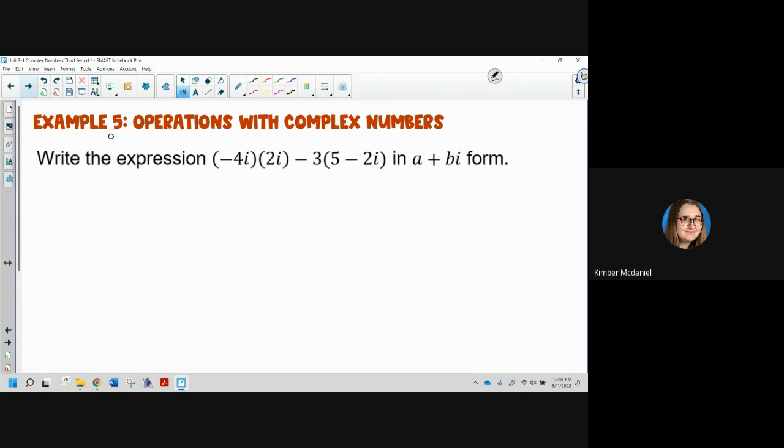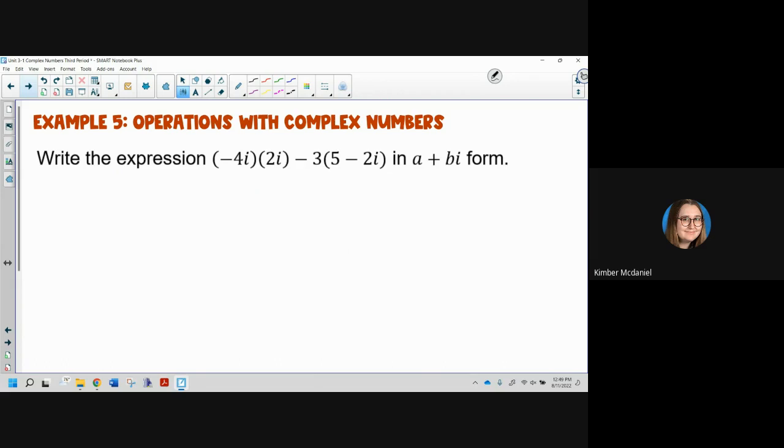Same thing. I want you to write example 5 and then the expression itself. I'm not going to highlight it because I think you guys are catching on to what you're writing down. Example 5 says, write the expression -4i times 2i minus 3 times 5 minus 2i in a plus bi form.